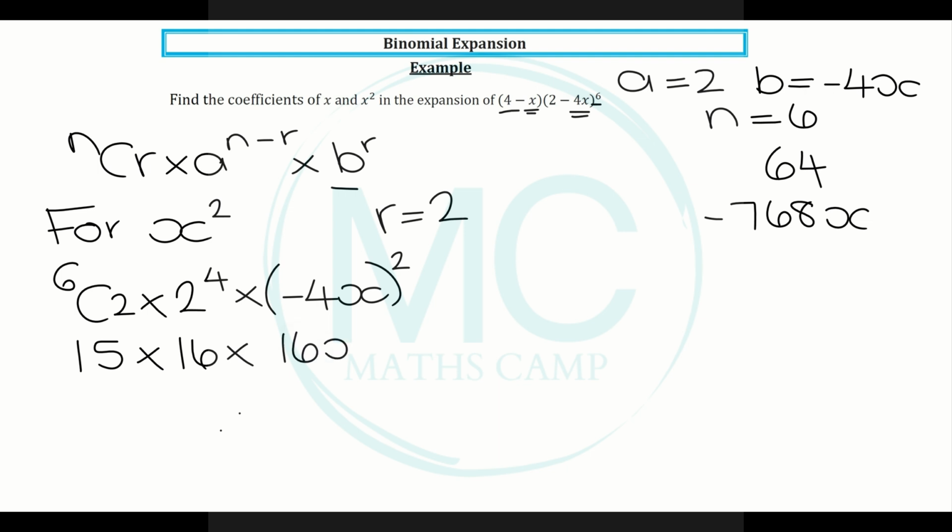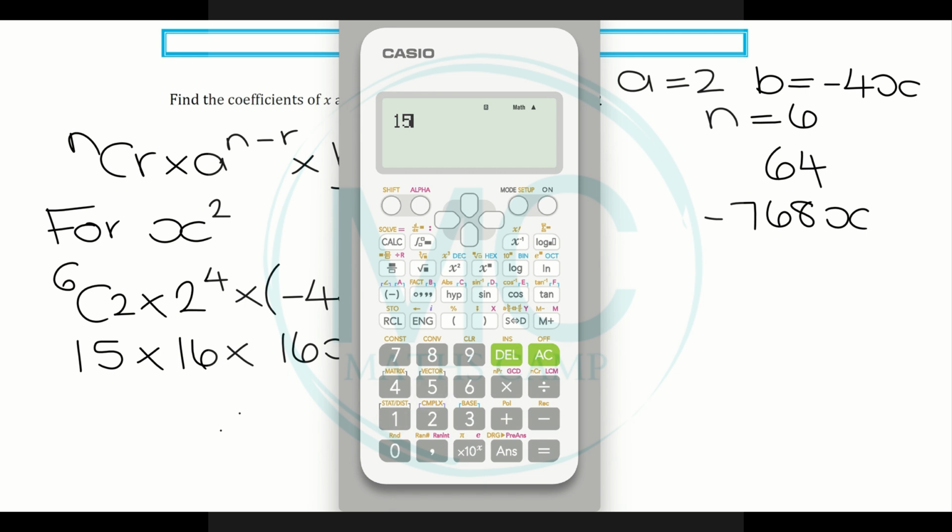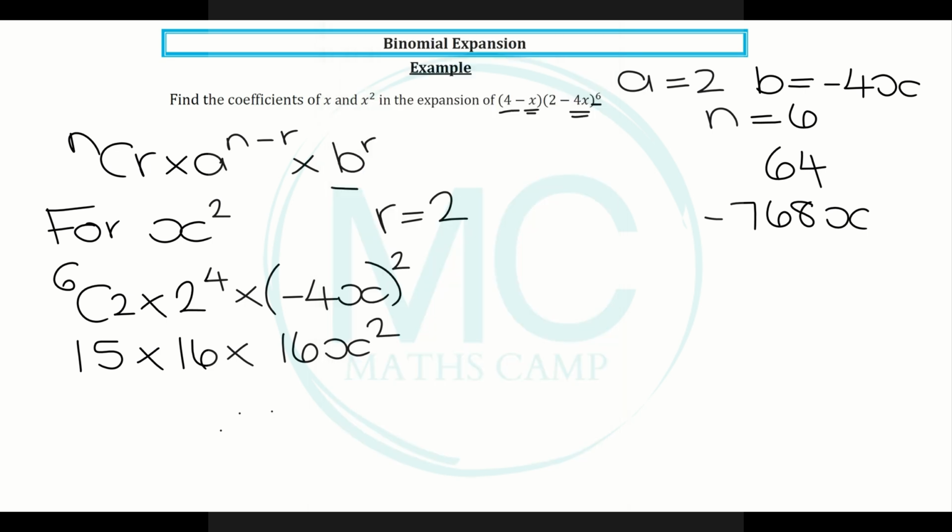So it's 16x squared. Let's multiply these together. 15 times 16 times 16 is equal to 3,840. Just make a note of this as well. 3,840 x squared.